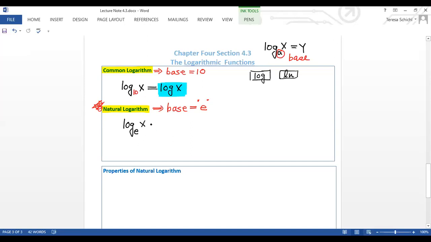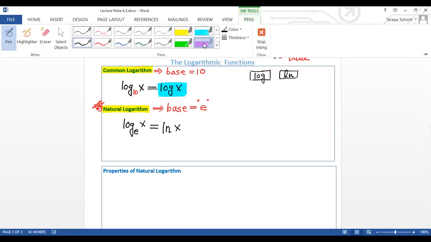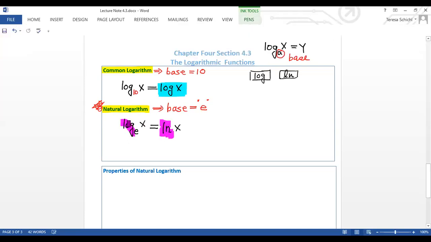In order to simplify it, because it's so commonly used, instead of saying log_e, I write ln x. So ln means log_e. That's why most calculators, even a $5 one, typically have a log key and an ln key.